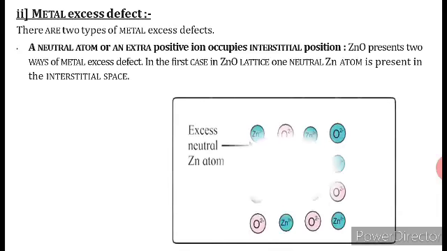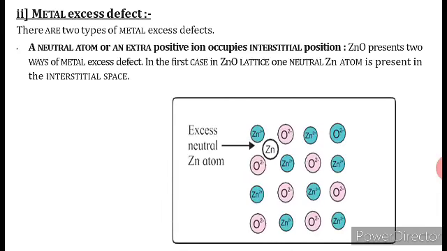In the diagram you can see the zinc oxide crystal is made of Zn2+ ions and O2- ions. One excess neutral zinc atom is present in an interstitial void, and due to that this defect is generated.